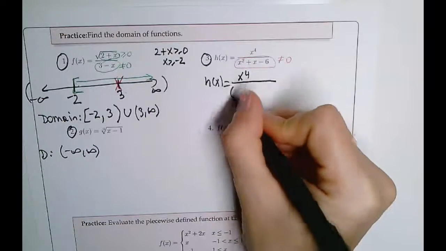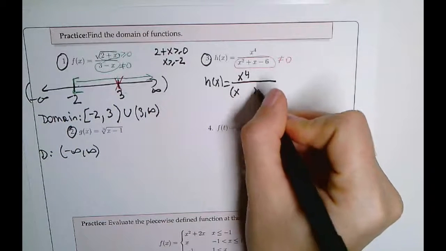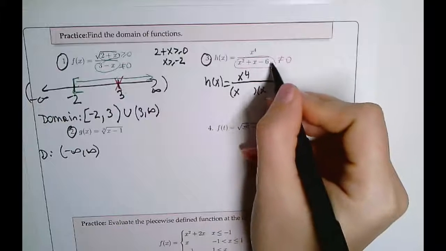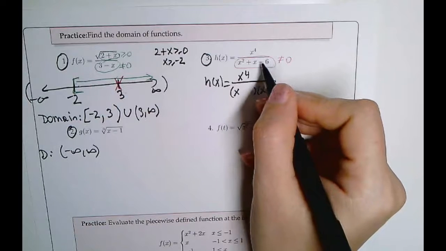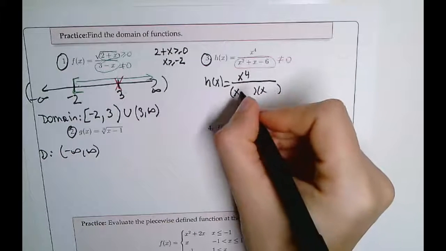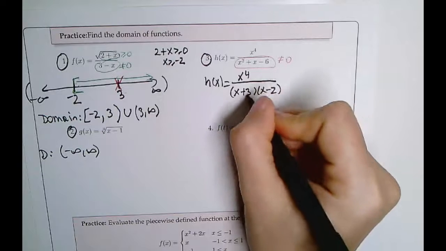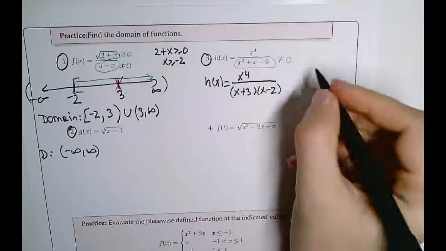All right, so again, you have to recall from college algebra. So factoring, what two numbers multiplied together give me negative 6, and added give me 1. So it's going to be 3 and negative 2. 3 times negative 2 is negative 6, and 3 minus 2 is 1.